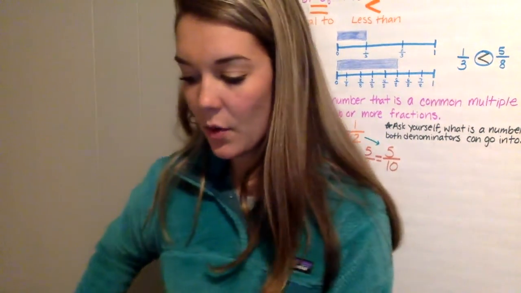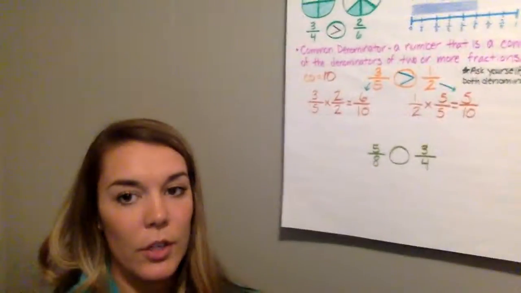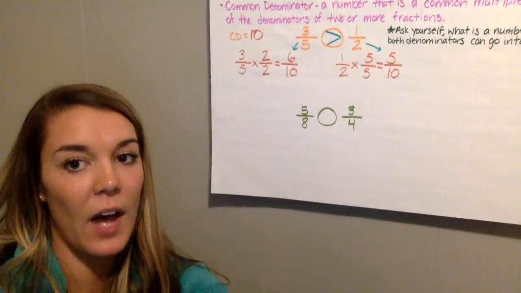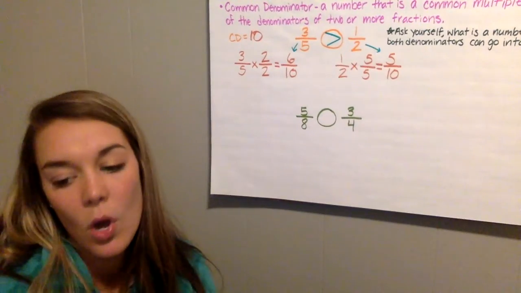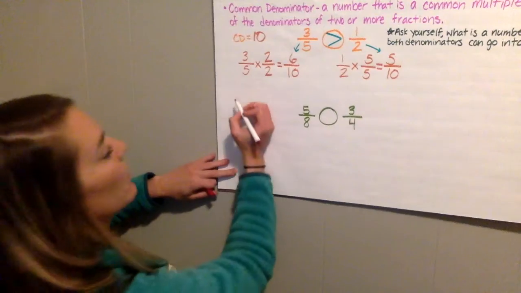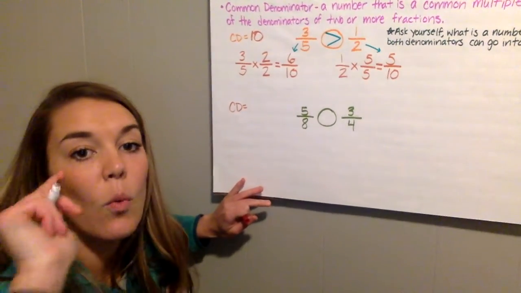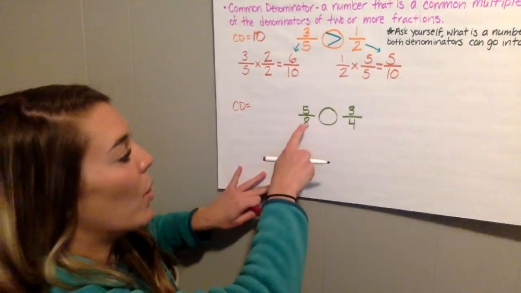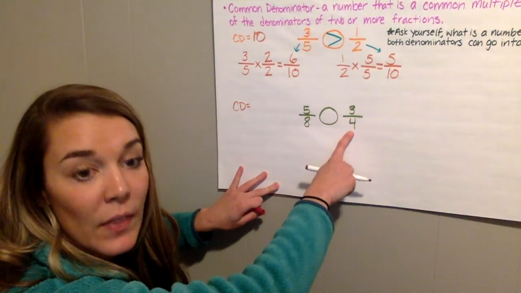Now, for this other one, I'm just going to show another example. I'm going to lower here. All right, so we have 5/8 and 3/4. So I need to figure out what is my common denominator for this one. I'm going to write my CD equals. So I'm asking myself, which number can both 8 and 4 go into evenly?